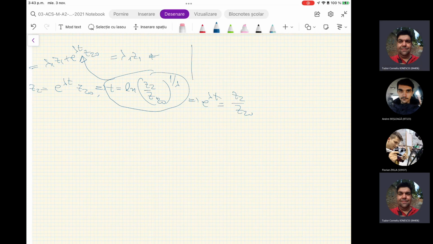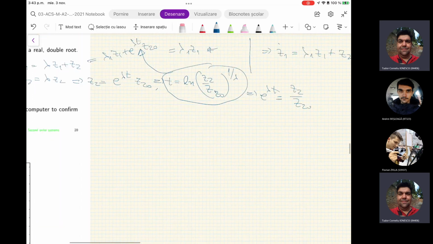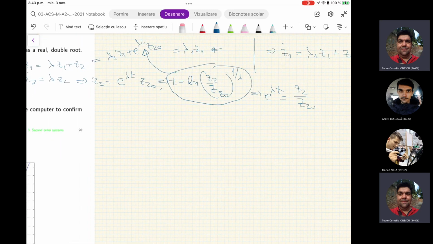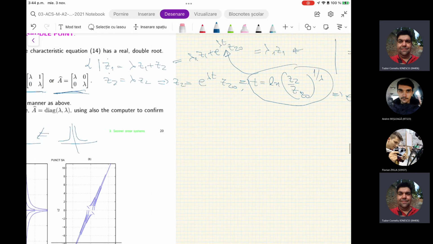So then z1 dot is lambda z1 plus z2, but I already know that. I was trying to just substitute this, but we already know that. However, like I said, you can apply the Laplace transform on this.